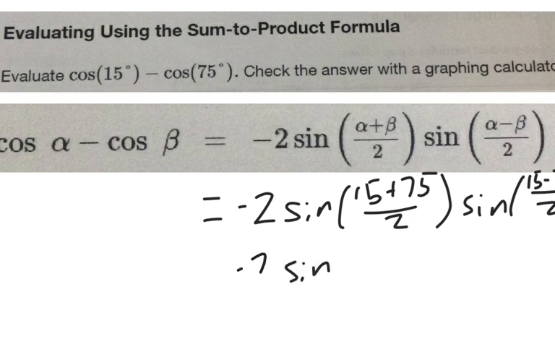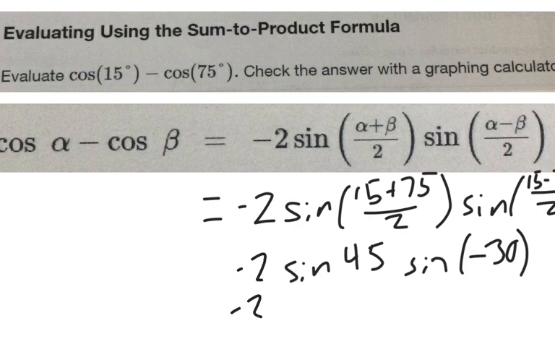So this would be 15 plus 75 is 90 over 2, which is 45. So this one I'm not going to stop. And so here, sine of 15 minus 75 is negative 60 divided by 2, negative 30.